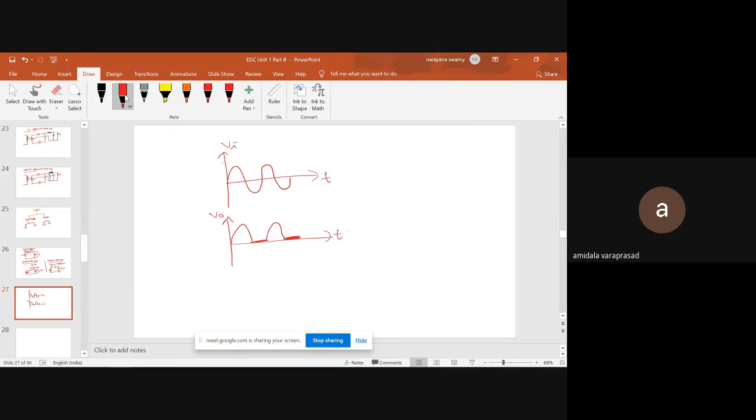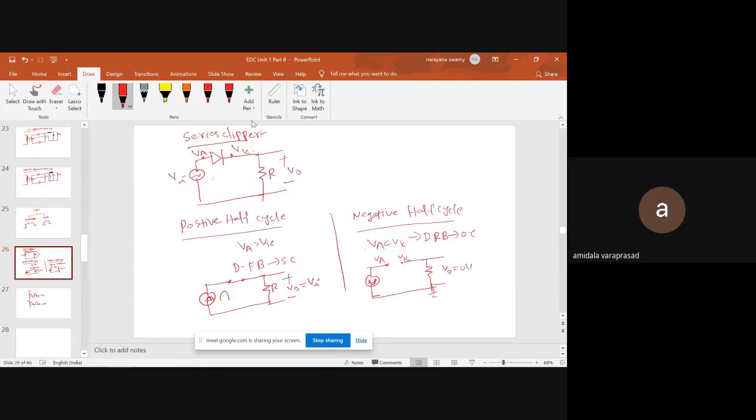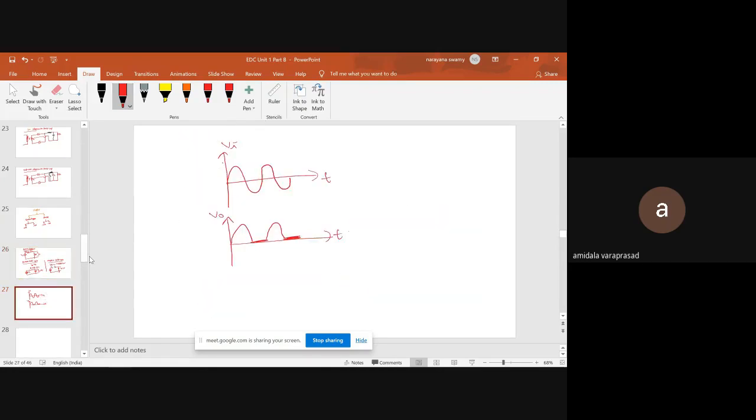Yes, it is rectifier. This is series clipper, and here which portion is clipped? Negative portion is clipped.